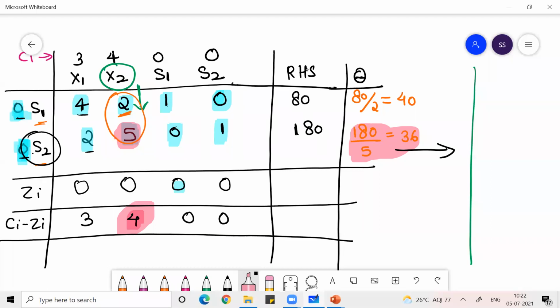So here, because x2 is going to enter into the solution, and x2 is going to replace s2.